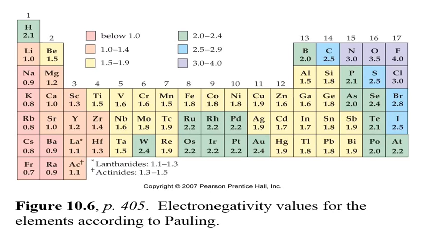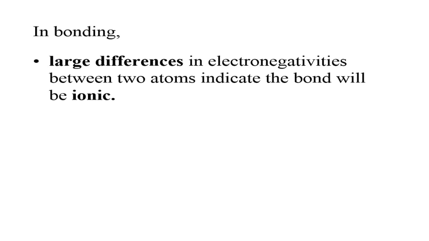Okay, so let's see how that translates to something meaningful between a couple of atoms. So I printed this off, but then I forgot and left it on the printer. But you guys have these values, and we're going to refer to them in a minute. So when you came up with temperature differences, we called that a delta T, did we not?